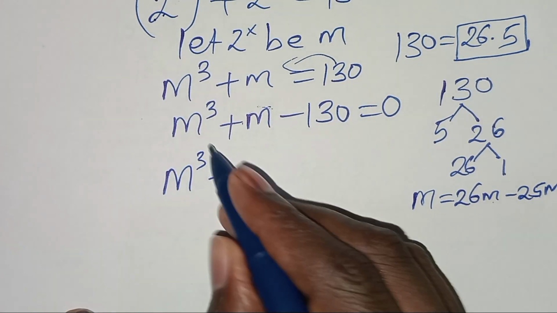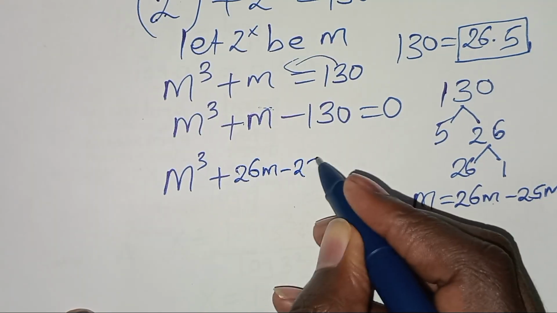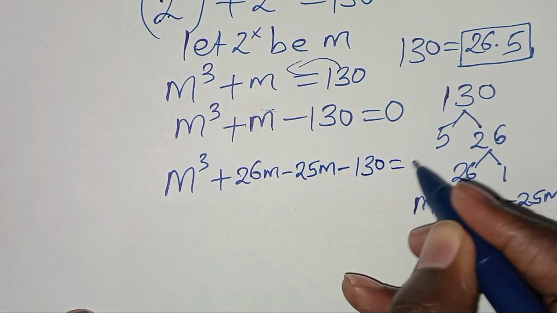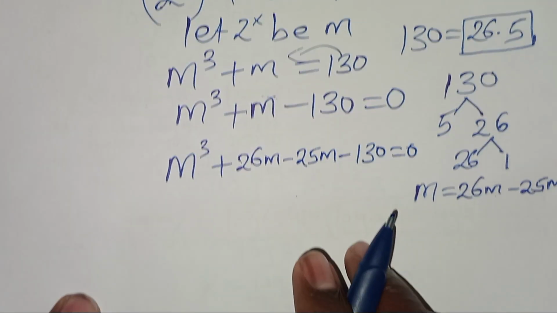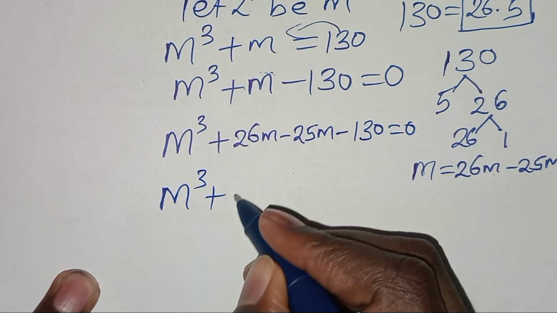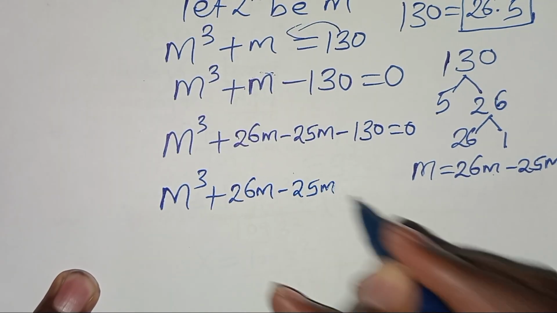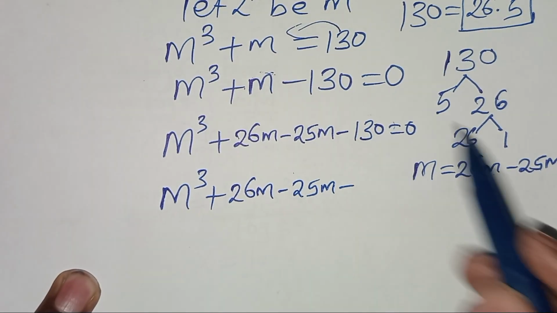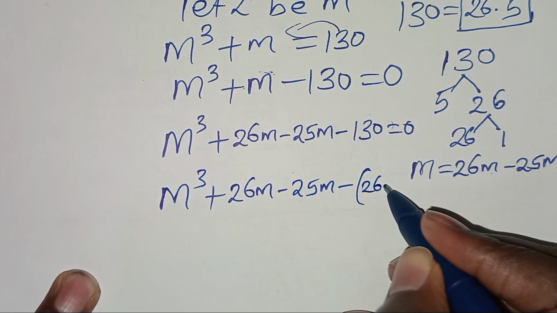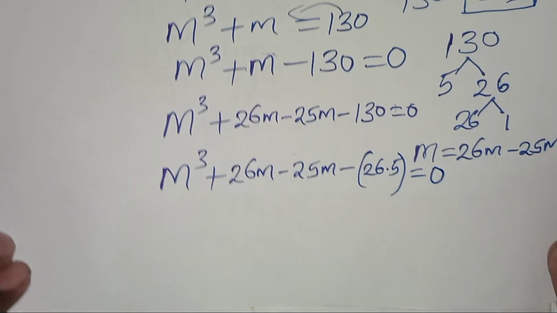So here we have m cubed plus 26m subtract 25m subtract 130, equal to 0, where 130 is 26 multiplied by 5.